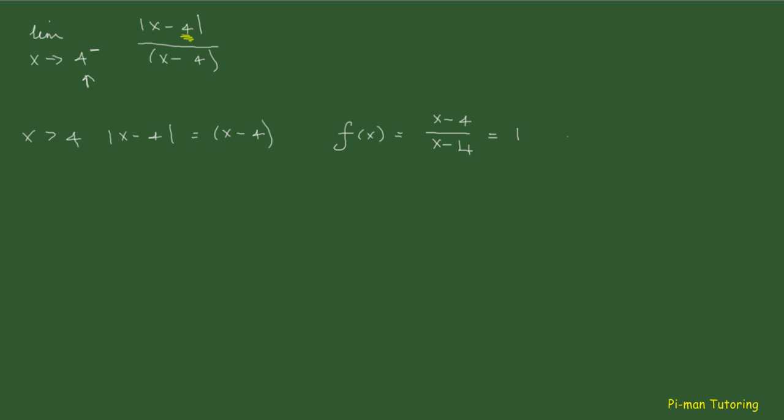So everywhere above 4, this function has a constant value of 1. Let's just sketch it over here quickly. So here's 4, and if I'm above 4, my function has a value of 1.